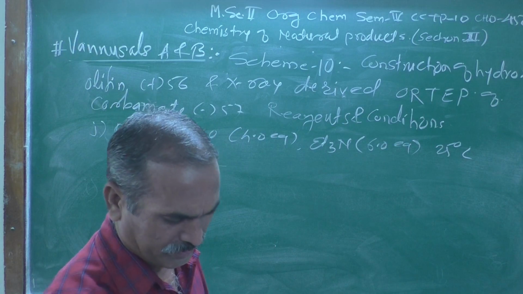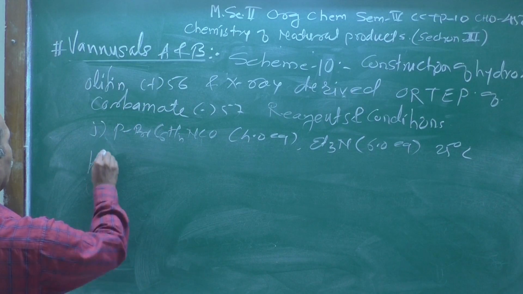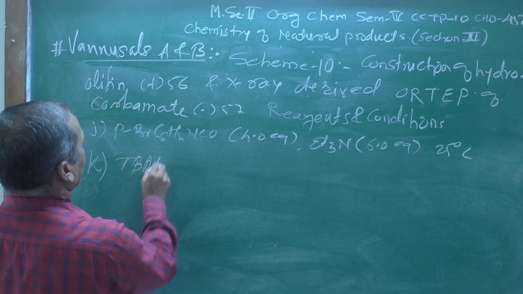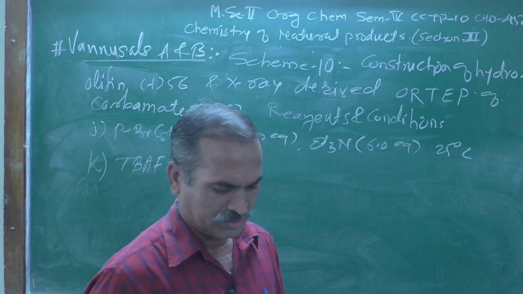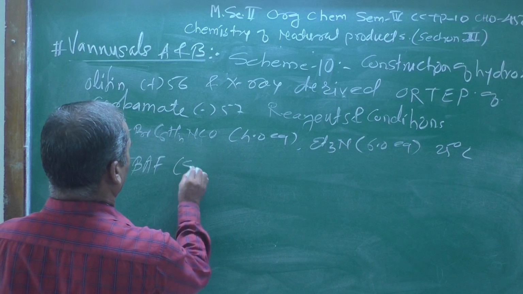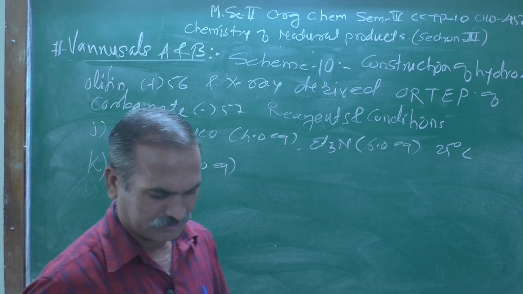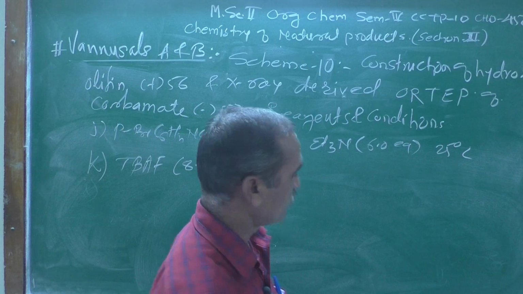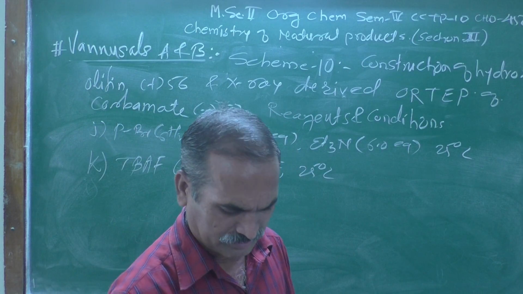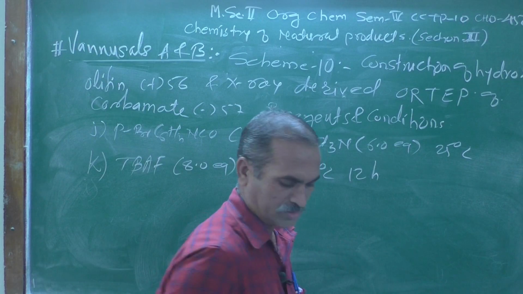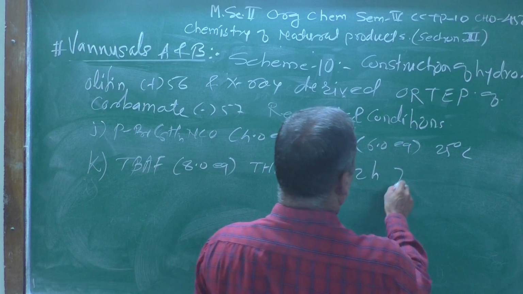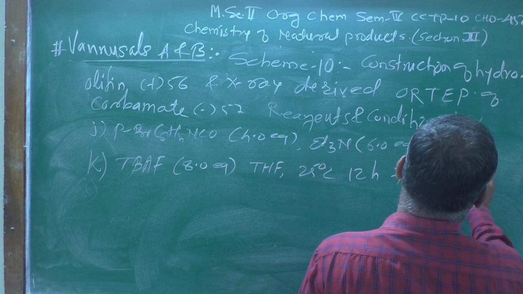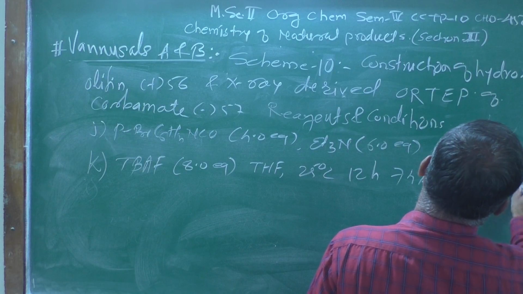Let us see, the next reagent will be K, that is TBAF, tetrabutylammonium fluoride, which was taken about 8.0 equivalent, in THF, tetrahydrofuran, as the solvent, at 25 degrees centigrade, 12 hours, 74% for the two steps.